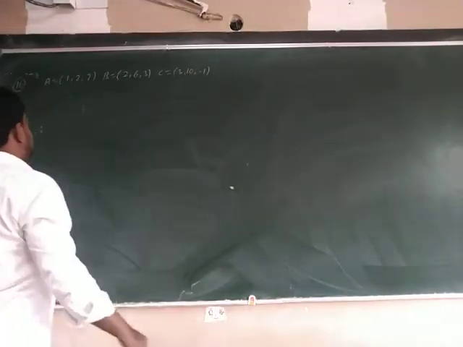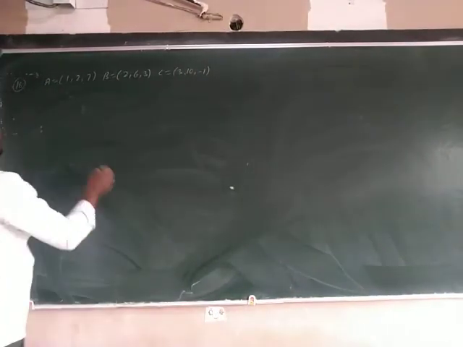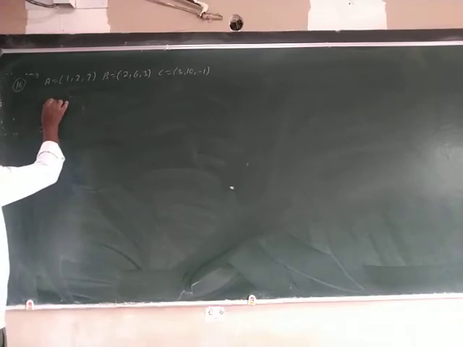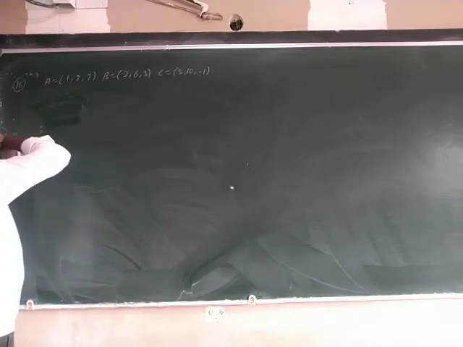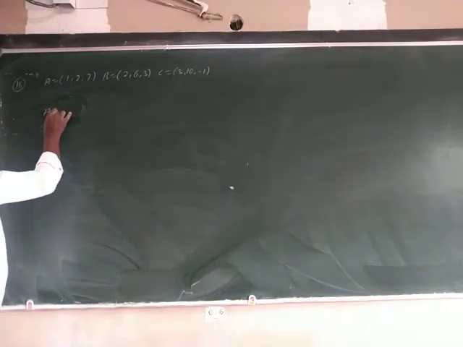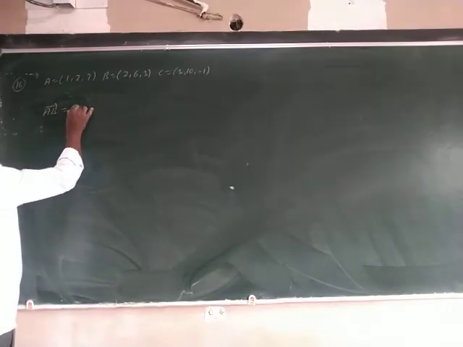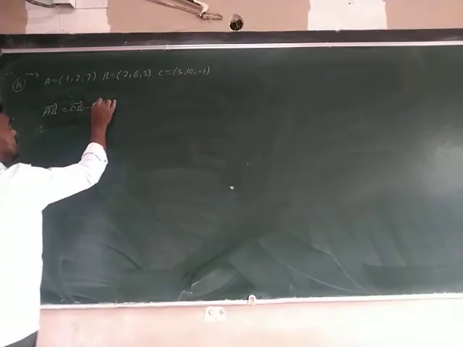So first you write the position vector. OA is equal to I. Otherwise, directly I am writing vector AB, that is OB minus OA.